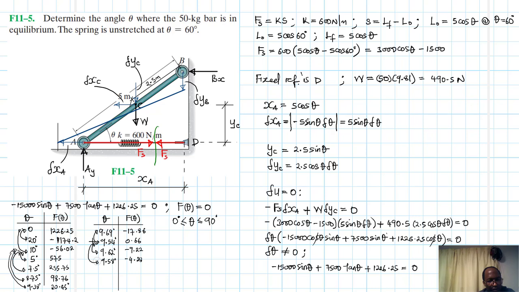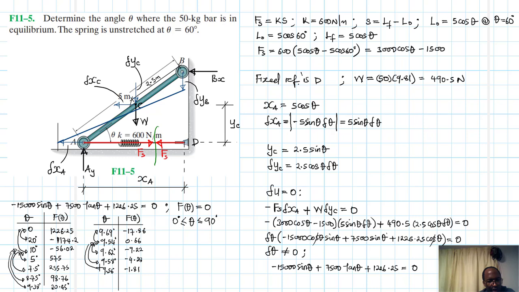So we get the average of the two. 9.54 plus 9.58 divided by 2, that's 9.56. Okay, let's try that one. Minus 15,000 sine 9.56 plus 7,500 tan 9.56 plus 1226.25. So we have a minus 1.81.